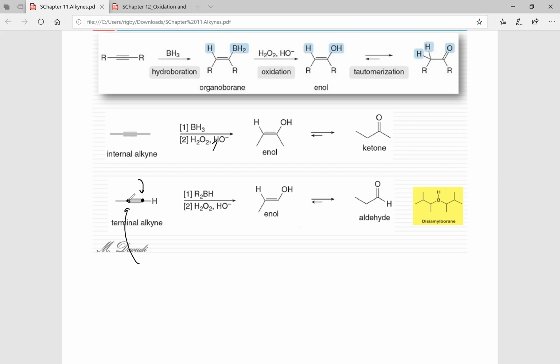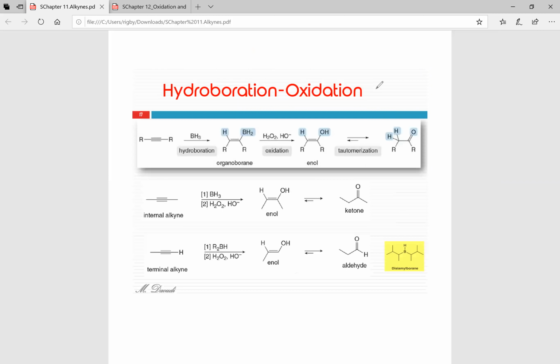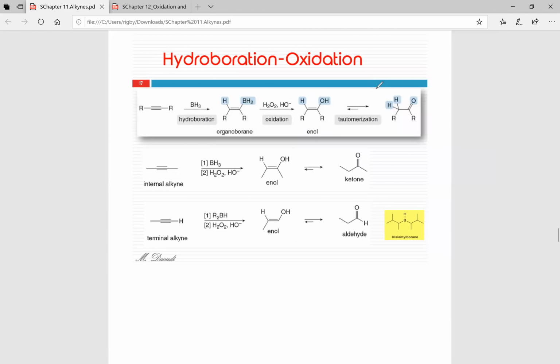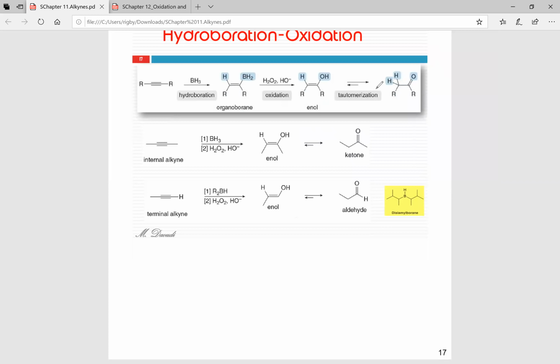As a result, after tautomerization, we are going to end up with an aldehyde instead of a ketone, okay? But we're still going to sort of call it the keto tautomer, okay? So the biggest difference between hydroboration oxidation and acid catalyzed hydration of an alkyne is the final product for terminal alkynes, okay?